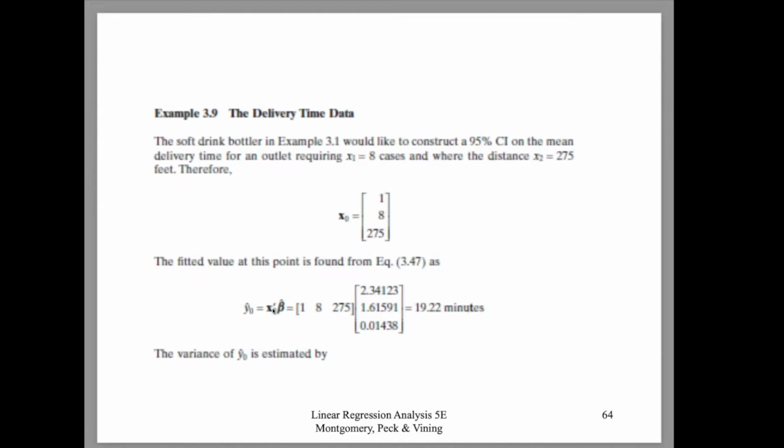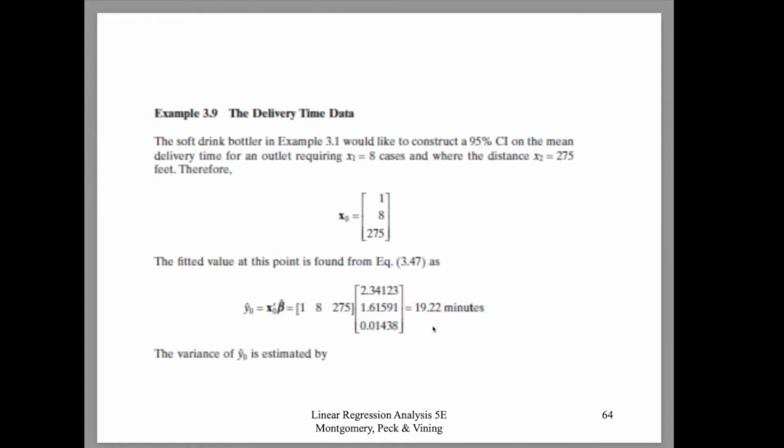So x0 prime times beta hat. And when we do that, we get the point estimate for the average delivery time when there are 8 cases to deliver and the delivery driver has to walk 275 feet to the location. And that average value is estimated to be 19.22 minutes.